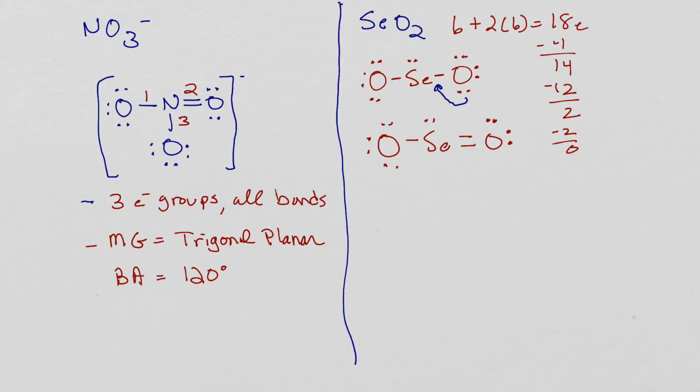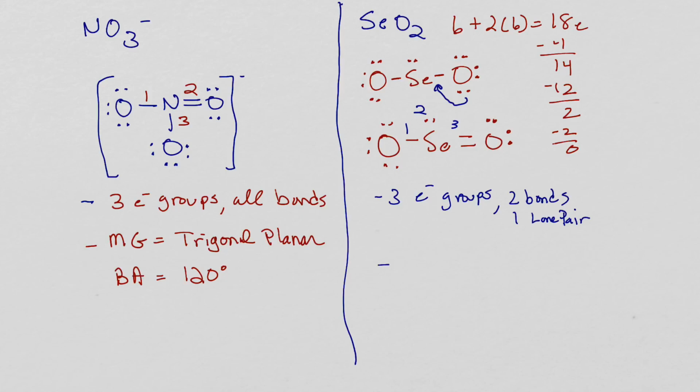So if we move on to our geometry part, so we have 1, 2, 3 electron groups, right? So the single bond, a double bond, and a lone pair. So we have 3 electron groups. If we look at those, in this case, they're not all bonds. We have 2 bonds and 1 lone pair.